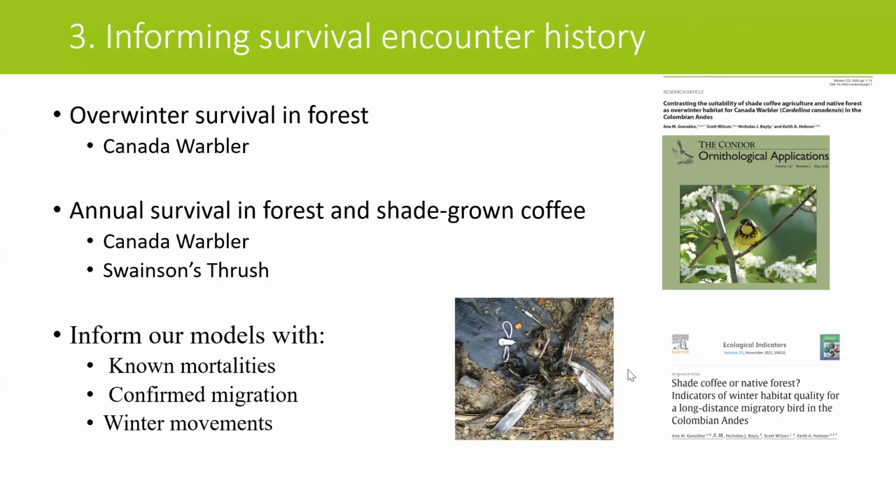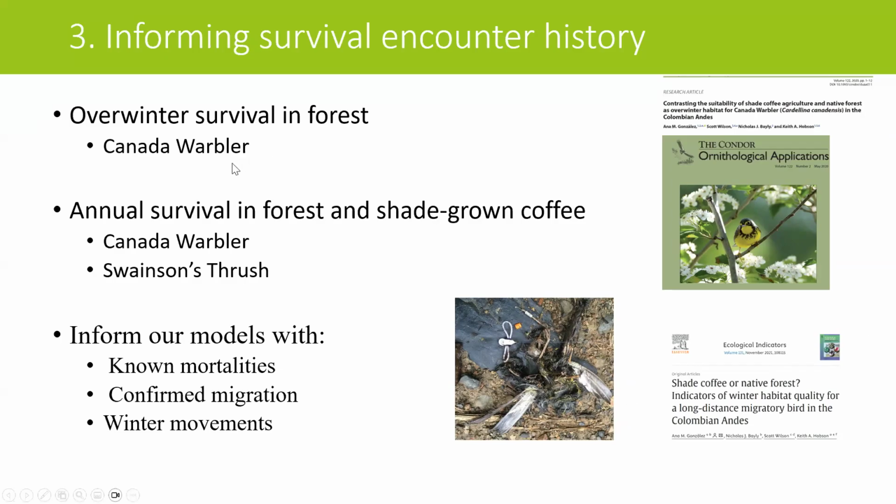So, moving to the end of the presentation, we have used the Motus network to inform the encounter history that we use for our survival models. And we have used this for a couple of species. There is a lot of data that has been published.